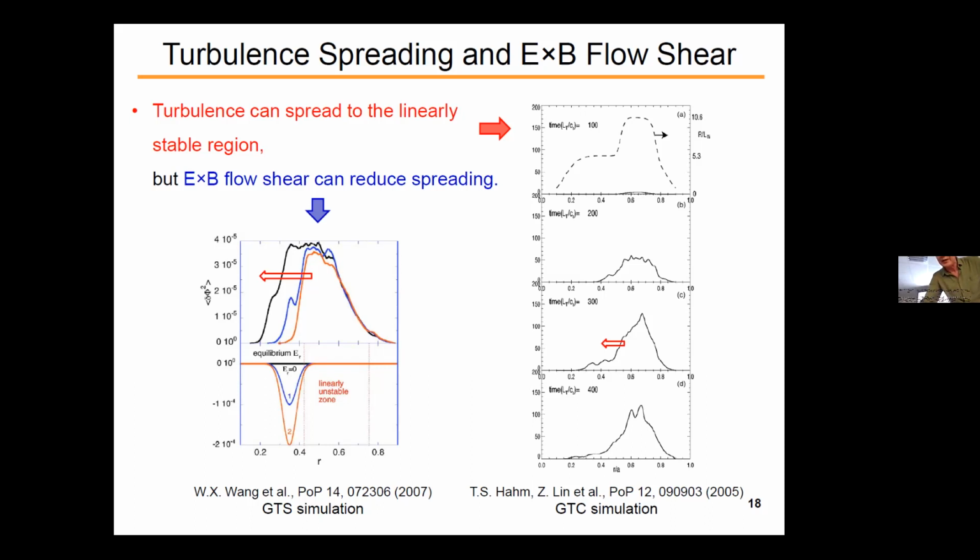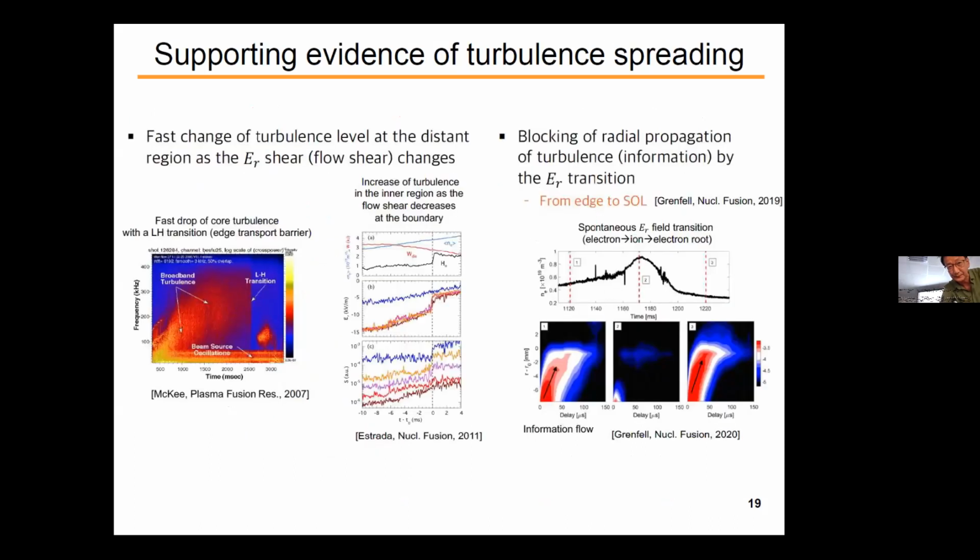Anyway, ExB flow shear can reduce the turbulence spreading significantly. Also experimentally, there is evidence of turbulence spreading, from 3D documents, BES measurements at the L2H transition, and also examples from PJ2.